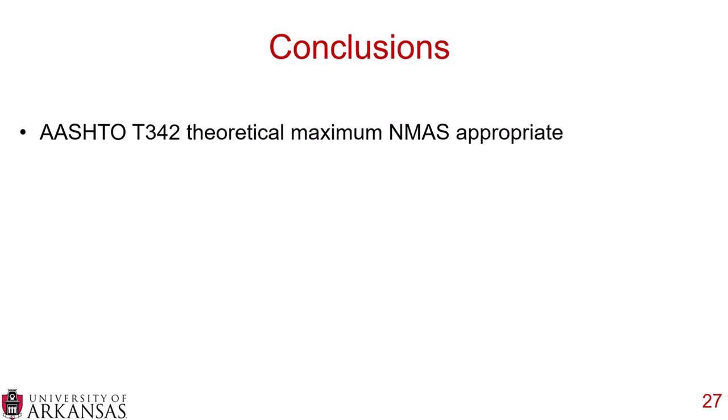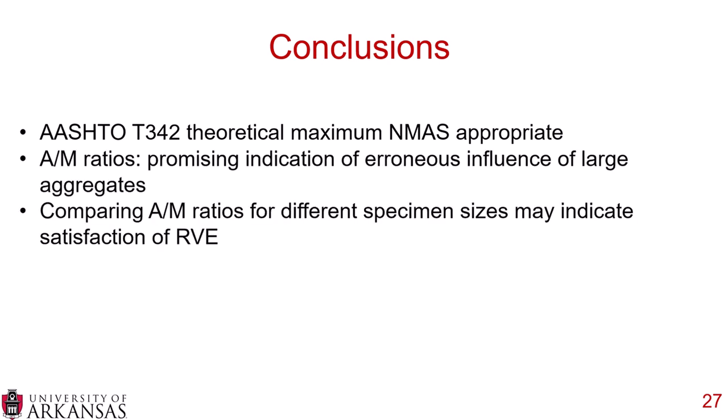So in conclusion, we feel that the AASHTO T342 theoretical maximum nominal maximum aggregate size is appropriate as it's written in the standard. We also think that there's some promise in looking at these aggregate/mastic ratios.